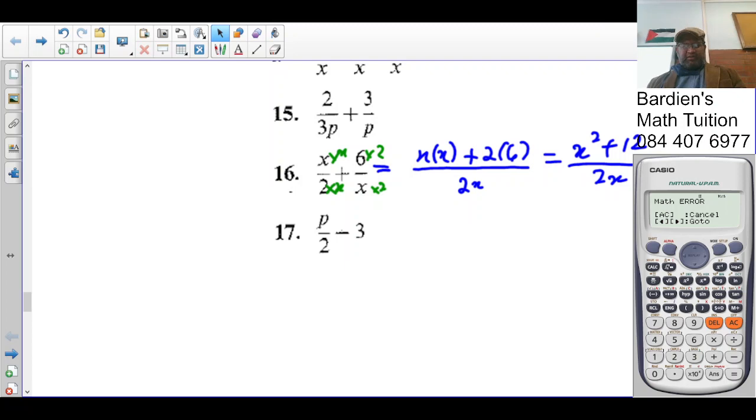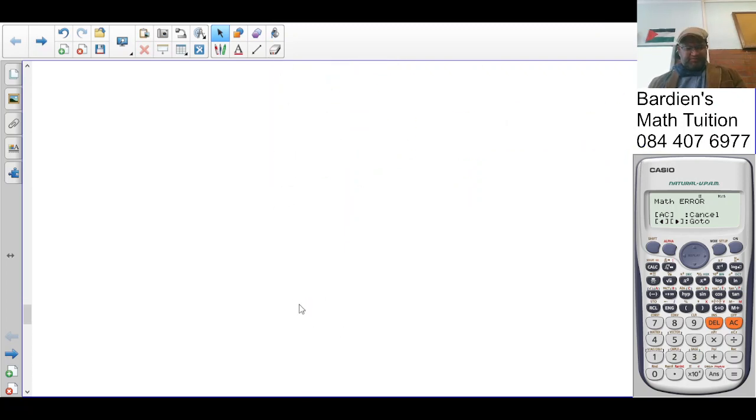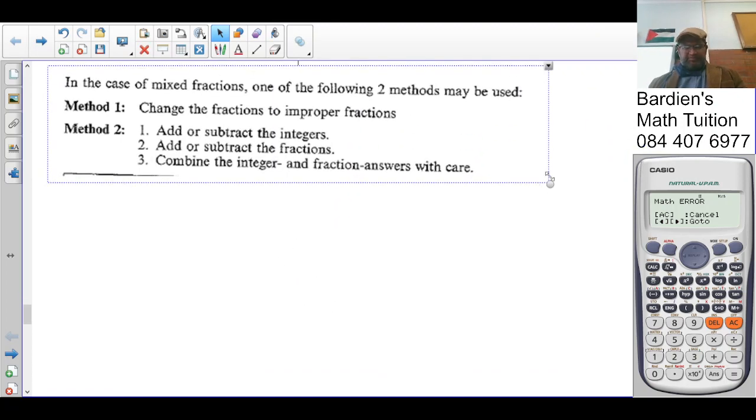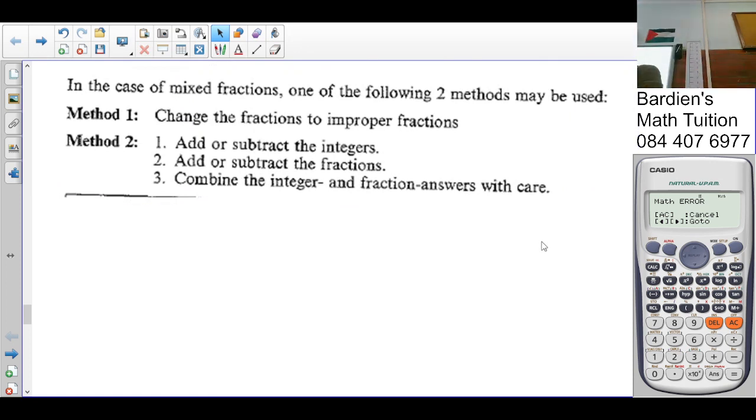Okay, so now we are told, I'm reading examples on page 65.